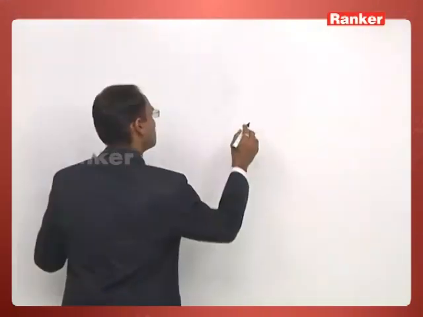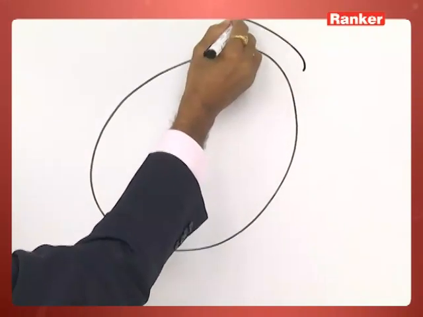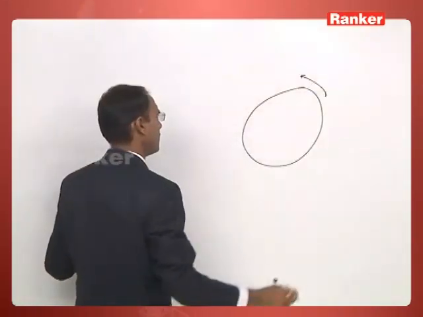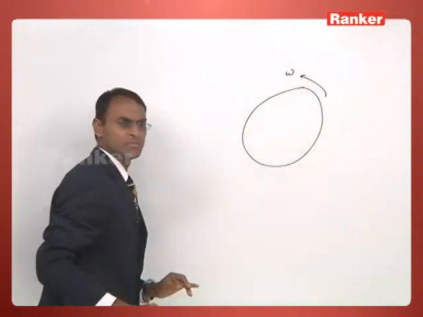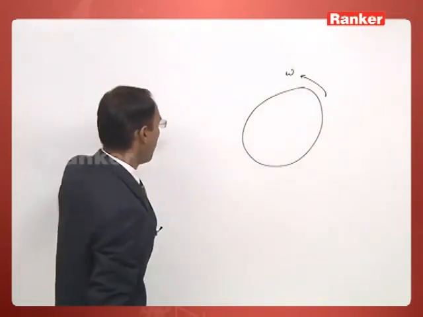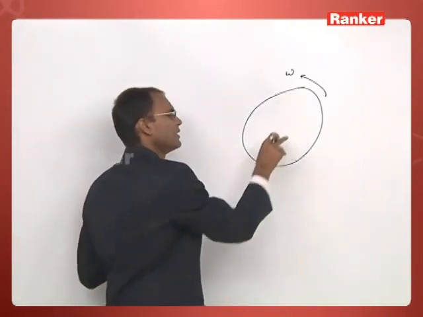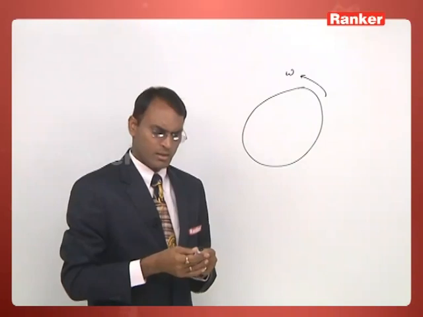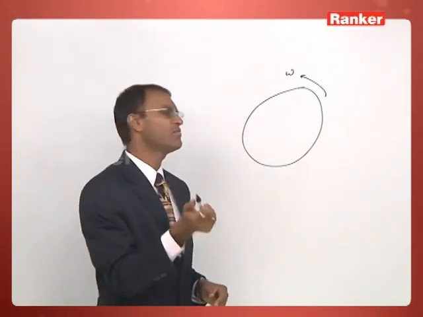Well, angular acceleration is the rate of change of angular velocity. Let us assume that this body is rotating in anticlockwise manner in the plane of the board. Here I restrict the direction of angular velocity to a constant value.